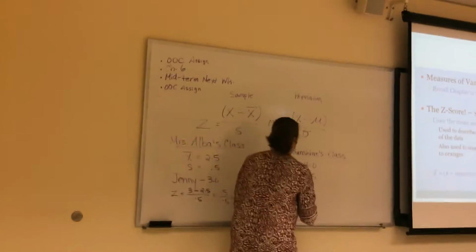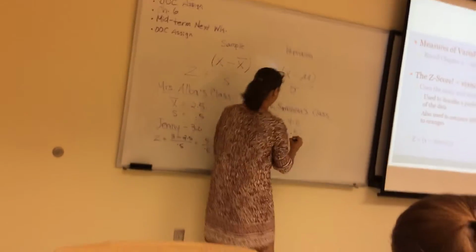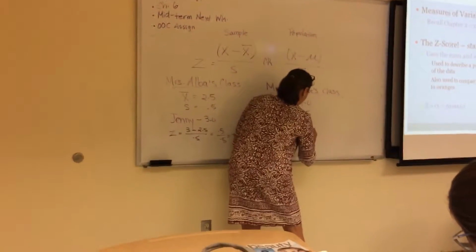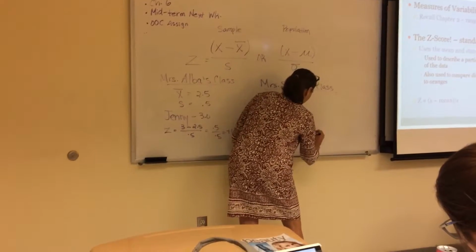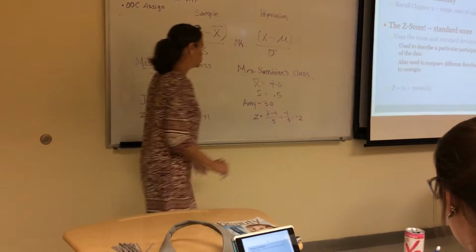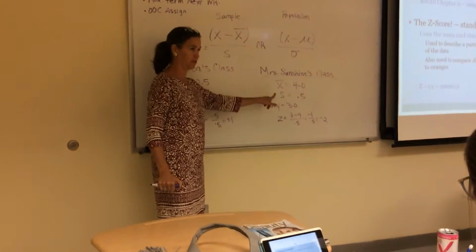Amy, on the other hand, in her class, again we do score minus the mean. So Amy scores 3 minus the mean, which was 4, over the standard deviation, is a -1 over 0.5, which is a -2. She's 2 standard deviations below the mean in her class.